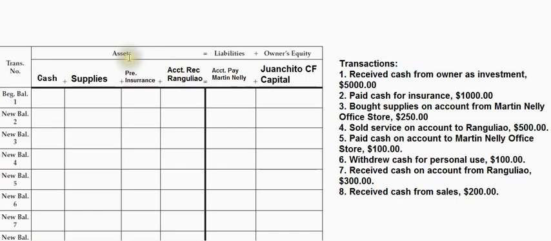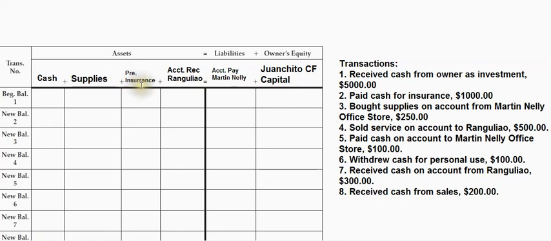So the accounting equation goes like this. Asset equals liability plus owner's equity. Under asset, you can see the asset accounts. You have cash. Cash is an asset because it is valuable. You have supplies. Supplies is also an asset because your company uses these supplies for the operation of the business.